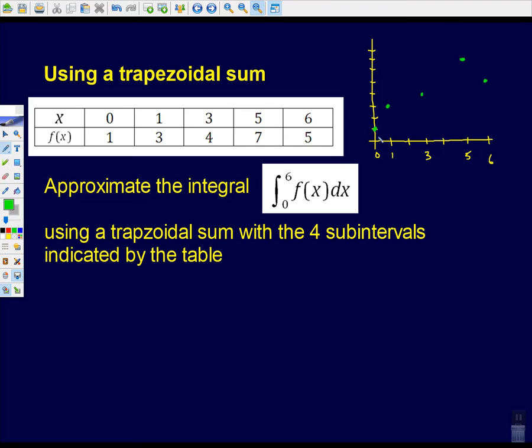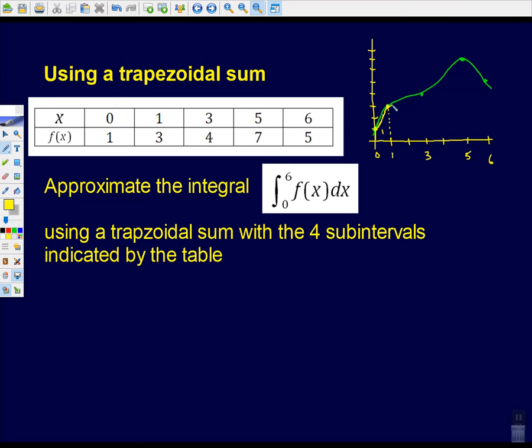Now, if you wanted, you could actually draw in a curve. You presume it's a smooth curve, perhaps. So maybe the graph looks something like this. But now in yellow, let's actually draw out the trapezoids that will be represented and we'll try and use to estimate the area under here. So by marking off the first 2 points, connecting them with a straight line, you now have trapezoid number 1 right there.